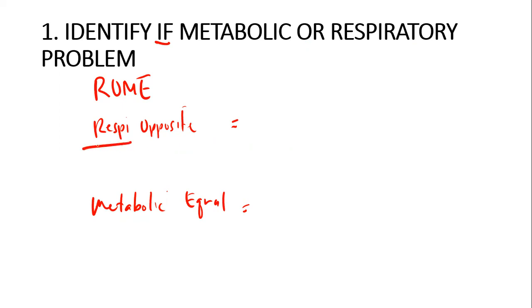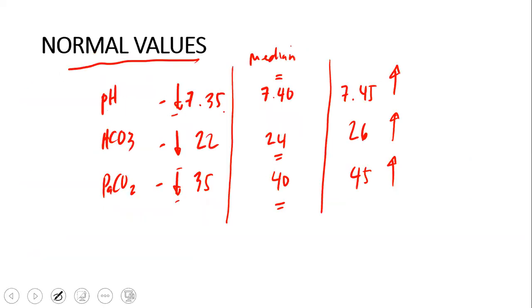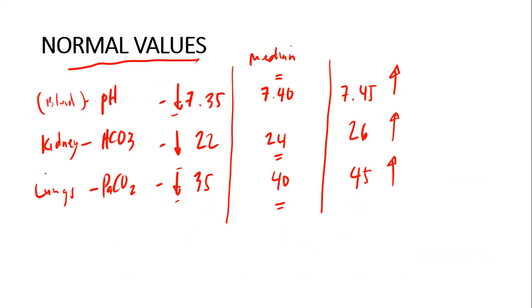So what do you mean by opposite? When you say respi, we are talking about the lungs. So first things first, you have to identify your PaCO2 because this value right here is the lungs. Here we have the lungs, and this is the kidney, and pH is basically the blood, right? So there are two main organs in the ABG reading that you are going to consider, lungs and kidney.